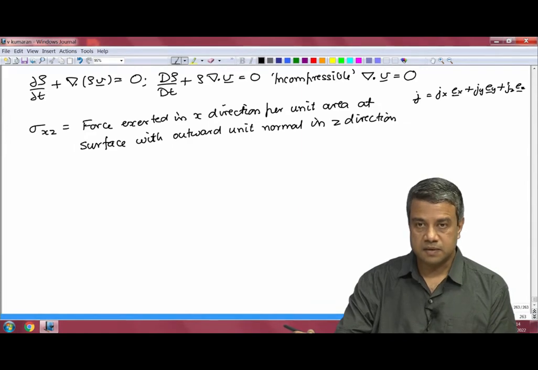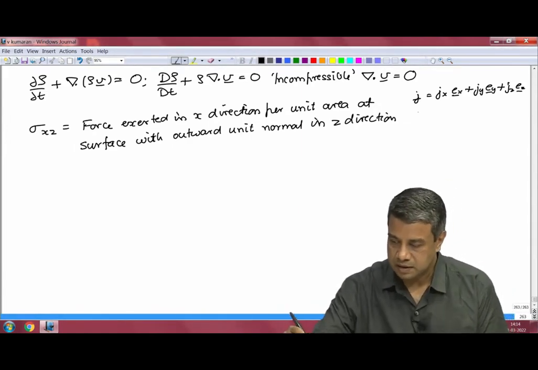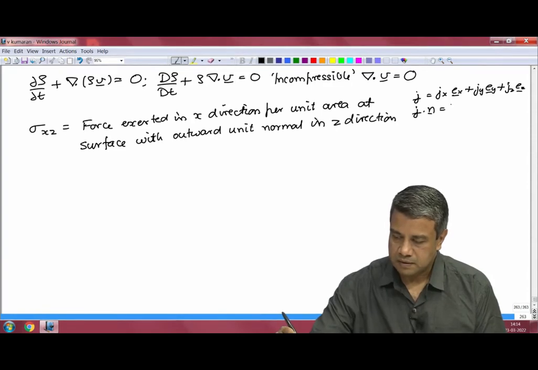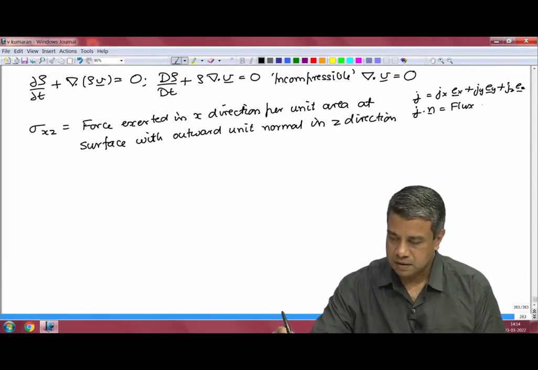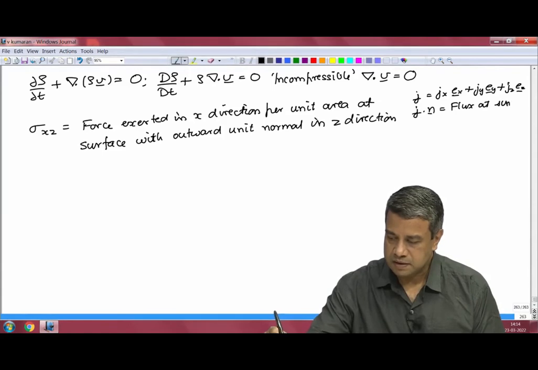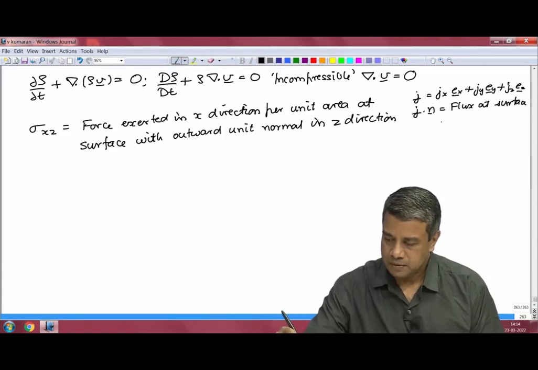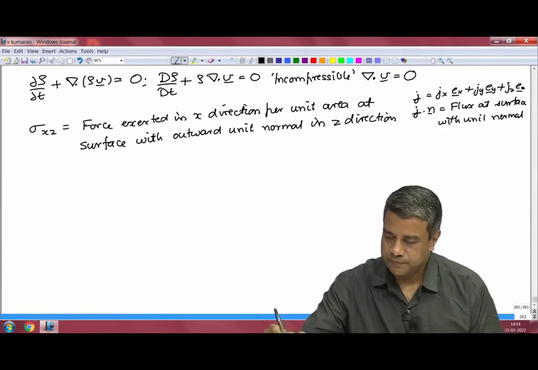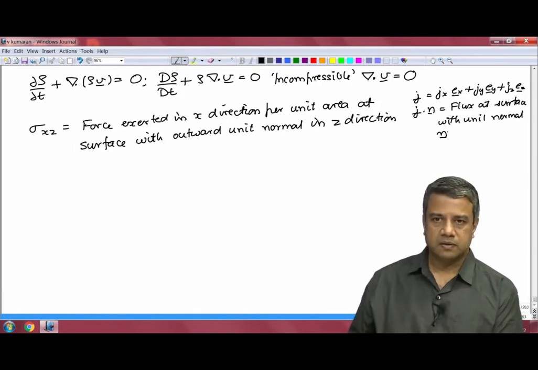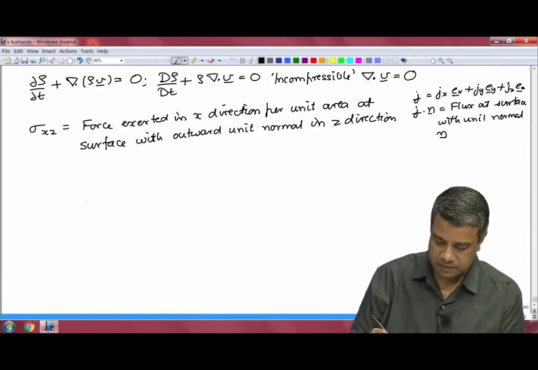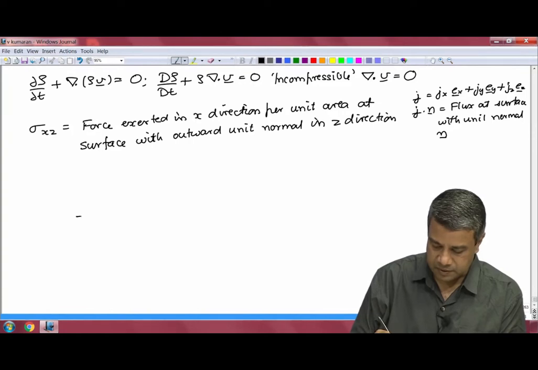The transport at a surface with unit normal n is j dot n, the flux at the surface with unit normal n.